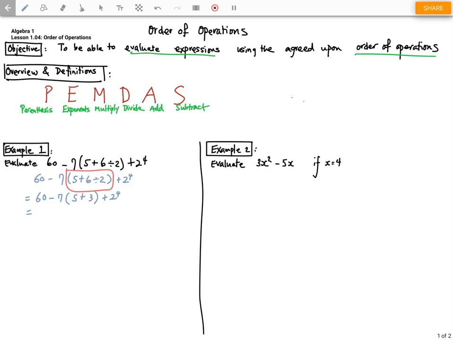Now, you still see some parentheses, and that is the operation with a higher priority. So let's work on the parentheses now. Parentheses meaning the 5 plus 3. So 60 minus 7 times, and what's 5 plus 3? That's 8. Close parentheses. Plus 2 to the 4th power.